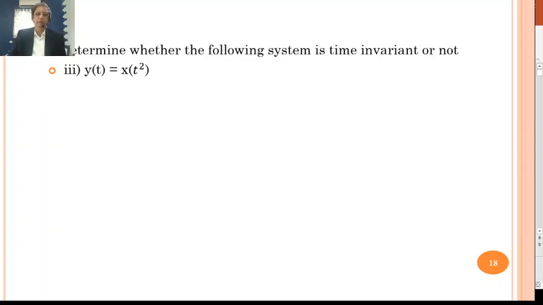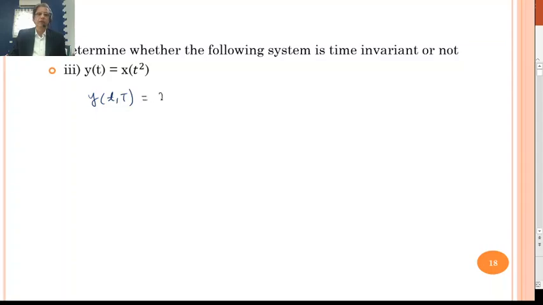The third example: y(t) = x(t²). For this system, first find y(t), the output due to the delayed input.